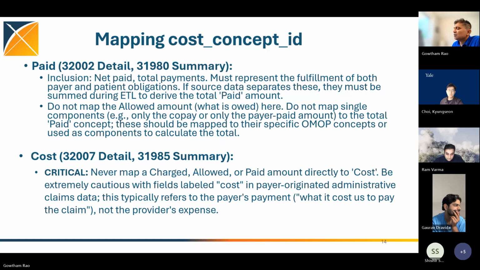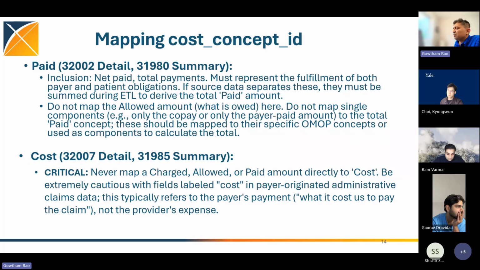Cost. Now, cost is what it actually costs a hospital system, a provider, to provide that care. This is not the charged amount. This is not the allowed amount. This is not the paid amount. This is the actual cost.